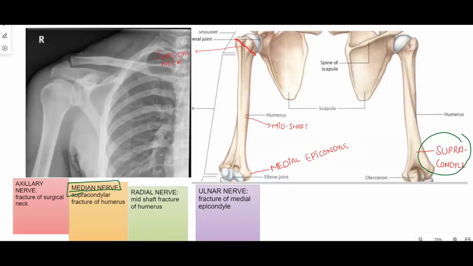So the patient presents with ape hand, gap hand, loss of wrist flexion, and loss of sensation from the lateral 3.5 fingers.